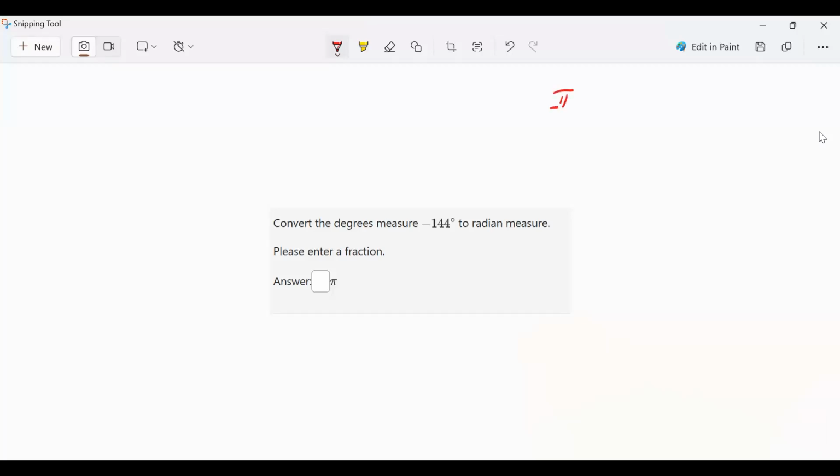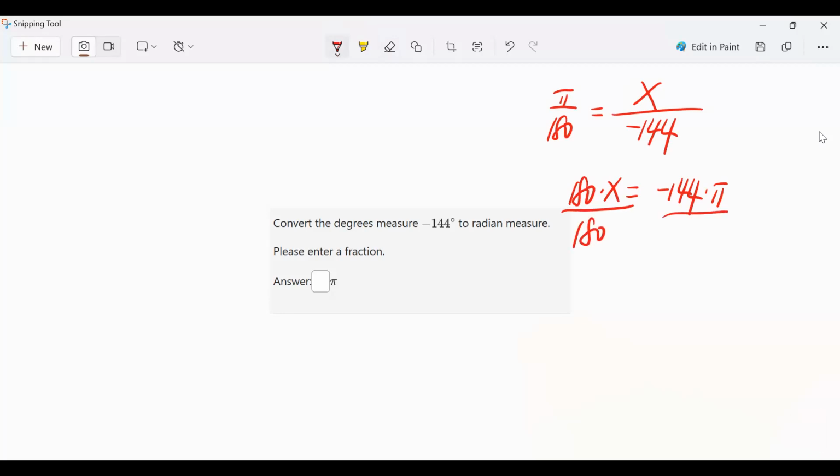Pi is equal to 180 degrees. Right, then we have minus 144 and put it on the bottom. We want to find out how many radians that is, right? Just cross multiply and solve for x. So we get 180 x equals minus 144 pi. Divide both sides of the equation by 180.